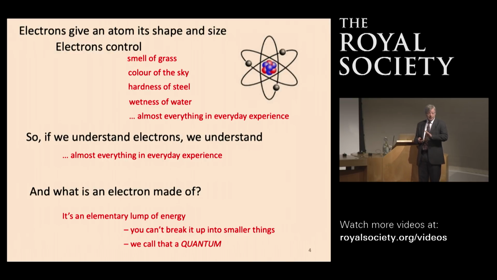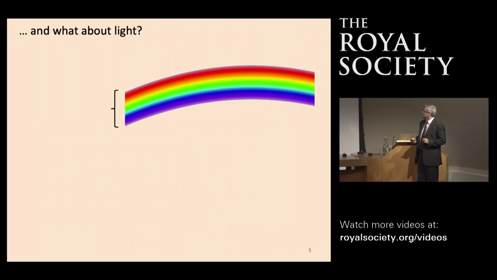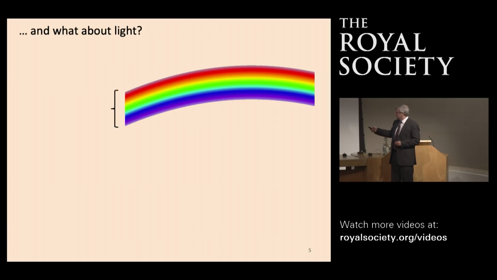But there's something I've completely overlooked up till now, and that is light. What about light? Well, this is a rainbow. That's all the colors of light that you can see going from red to blue. Actually, some light is too red for your eye to be able to register it, but it's still light.